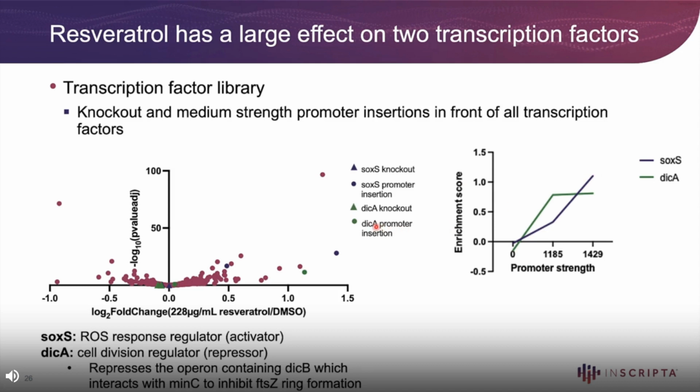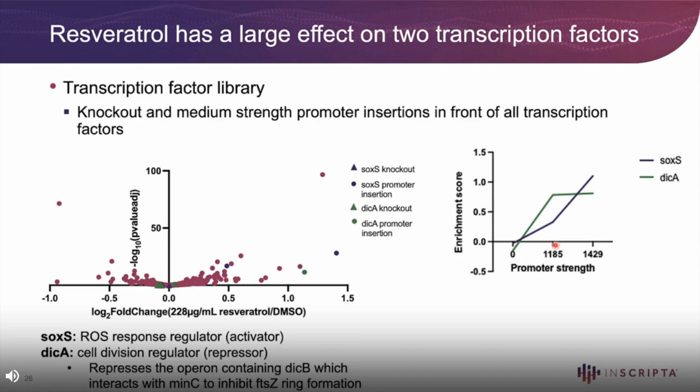The second transcription factor that we thought had an interesting result was DicA. DicA is a cell division regulator, a repressor, and it also had a similar result with the increase in promoter strength. So shown at 0, there's very little enrichment of this design.